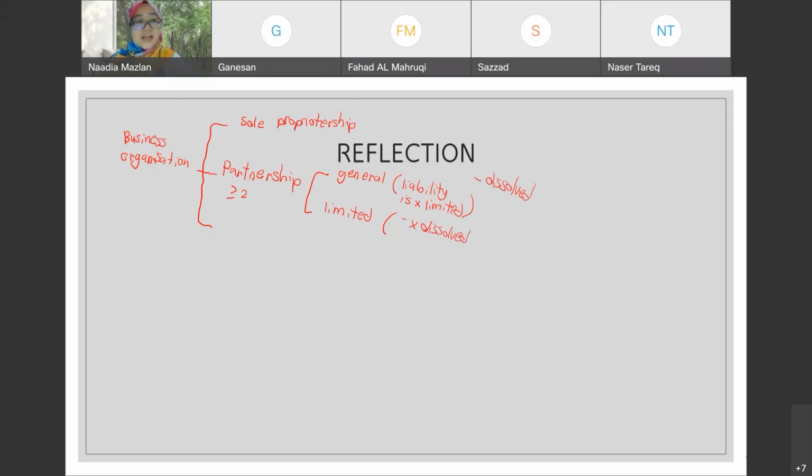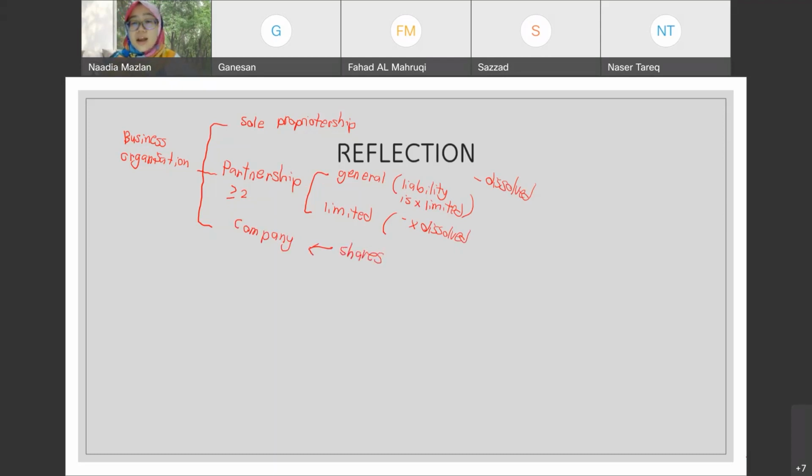Okay, all right. So that is partnerships. And then the third one we have is company. Company means that the owners are determined by their shares.